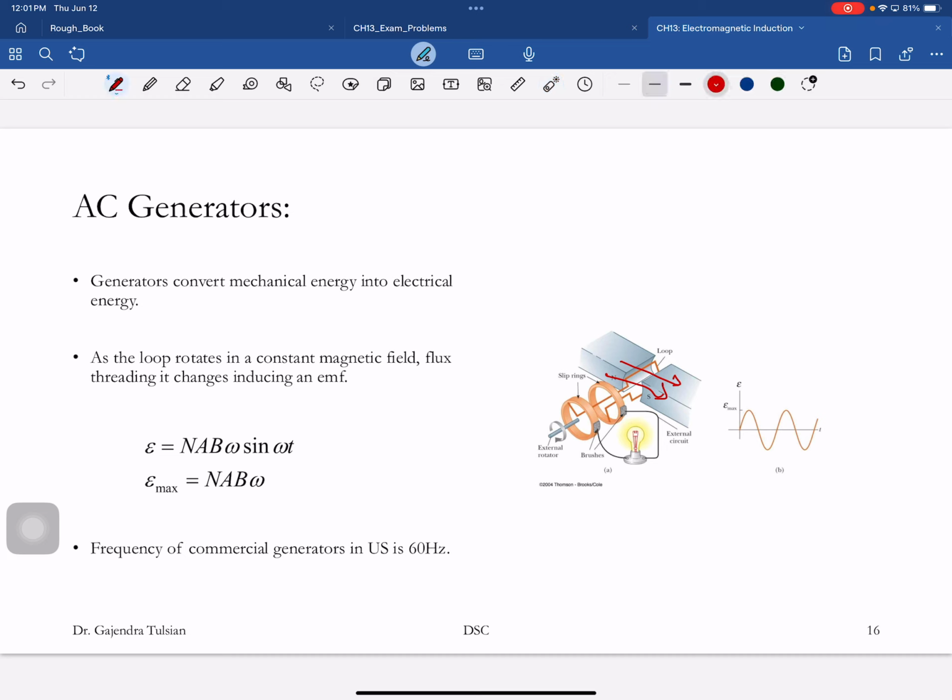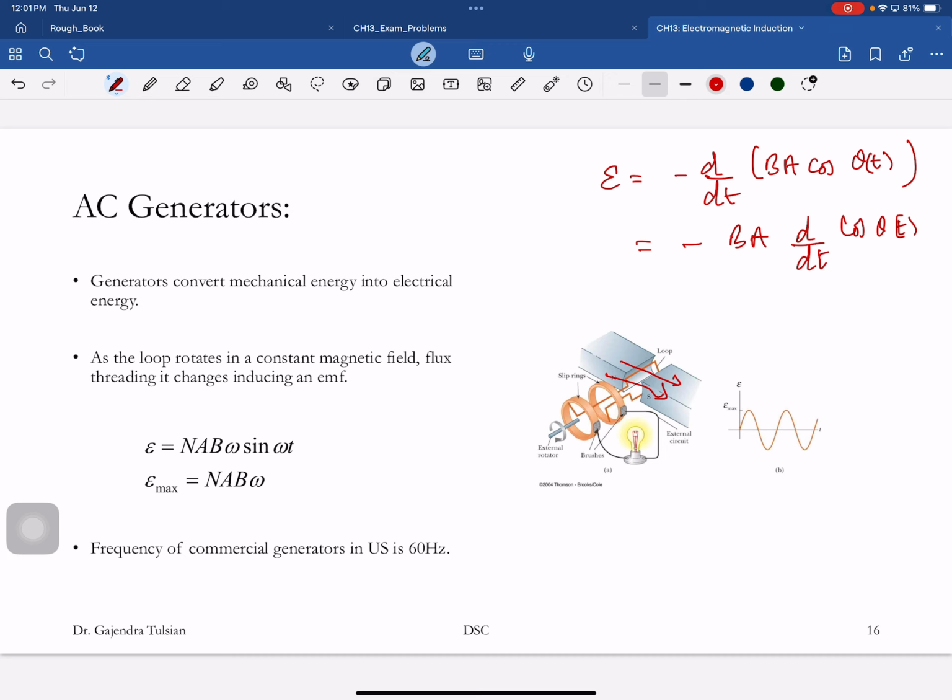So the EMF induced will be minus d by dt of BA cosine theta. And you have an EMF induced. How do you change the angle theta?